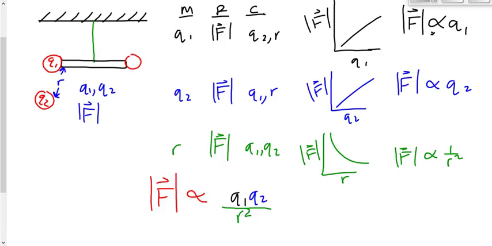So it's related to Q1, Q2 over R squared. But it's not equal to that. It's equal to a constant times that. So he's going to say it's equal to a constant K times Q1, Q2 over R squared.